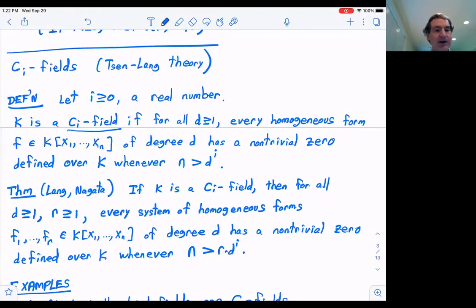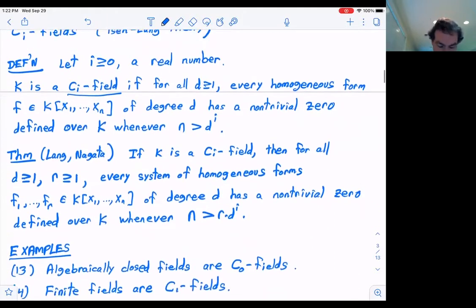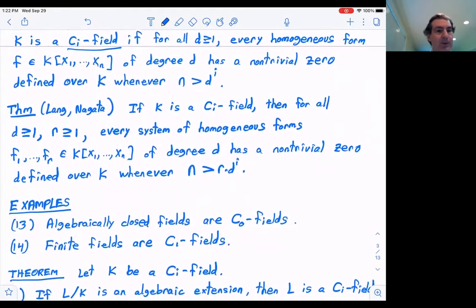So the point is, if you have a C_i field, that's a strong condition on one form, then automatically for free, you have information about systems of forms, all of degree d, for any r.